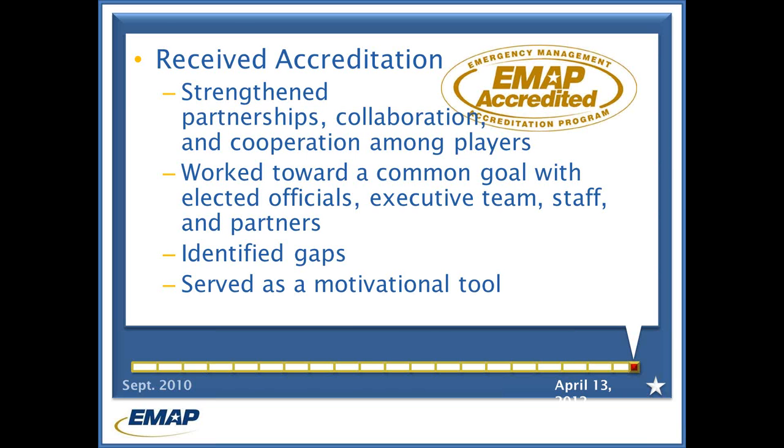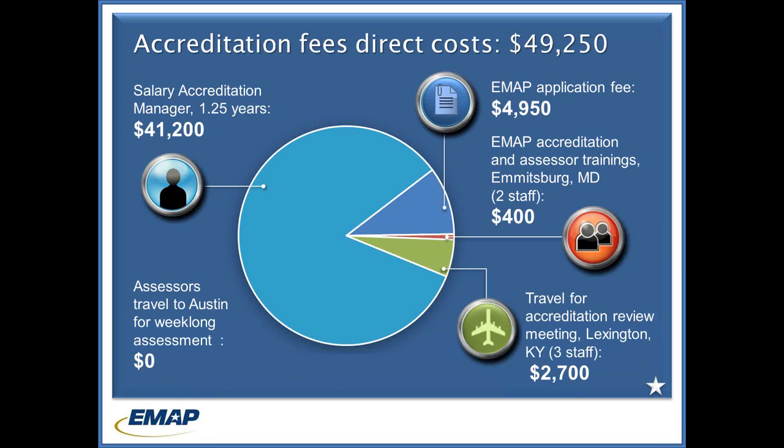Next slide. Now this is kind of a cost slide that we put in to show what it cost us for this accreditation process. And it cost us approximately about $49,000.